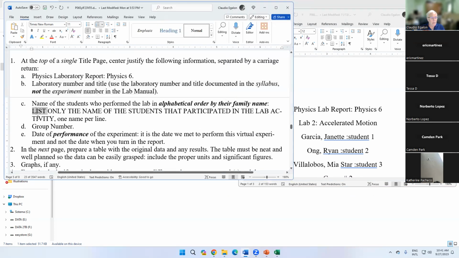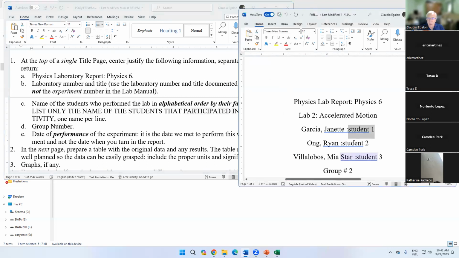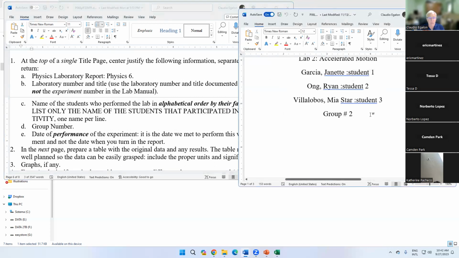List only the names of the students that participated in the lab activity, okay? So if a group member was missing from the lab activity, don't put that student's name there. Group number, and they didn't put the date of performance here. Date of performance. For this first lab, put today as the date of performance. Okay, that's the first page.